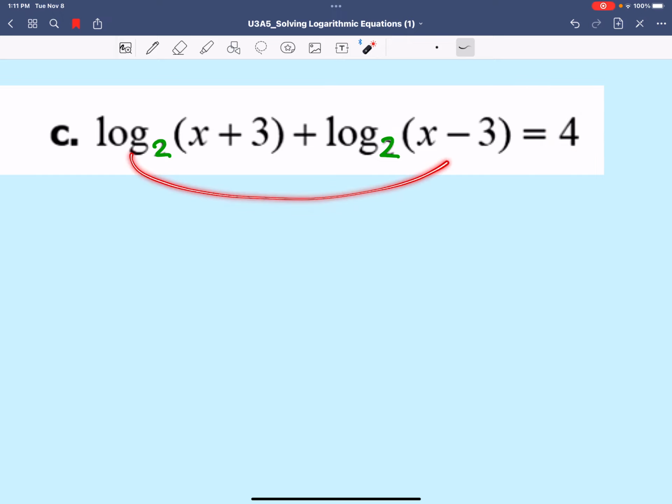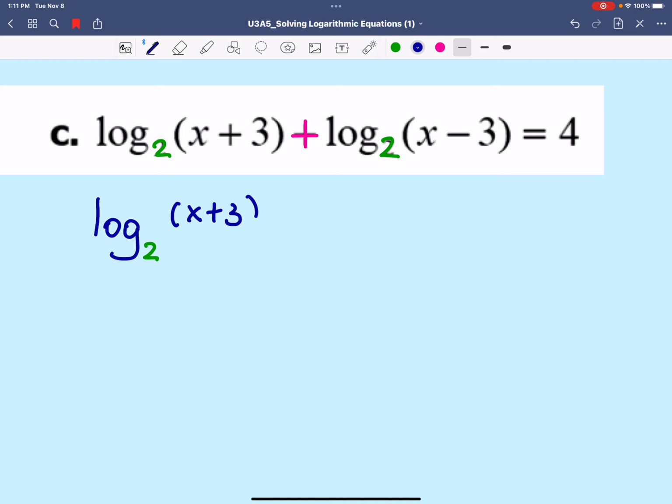So all the log terms stay in one side, and then the number will stay on the other side of the equation. So combine the two terms. You see that they are added, which means that they are connected by the product law. So we'll bring them inside the same log term. So x plus 3, and then multiplied by x minus 3. So, and that would equal 4.